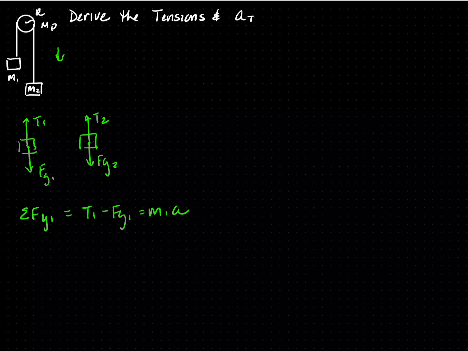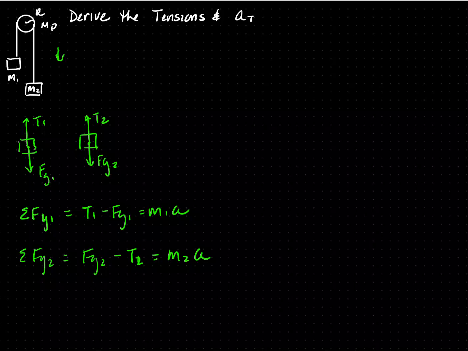Since T1 is going up, T1 has to be positive, and M1A is positive. And remember, the entire system has the same tangential acceleration. For F2y, since it's going down, my Fg2 is going to be positive, minus T2 equals M2A. And again, tangential acceleration is the same.